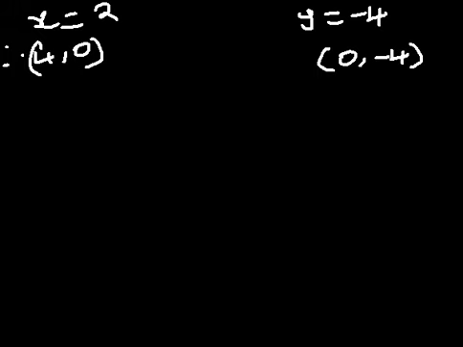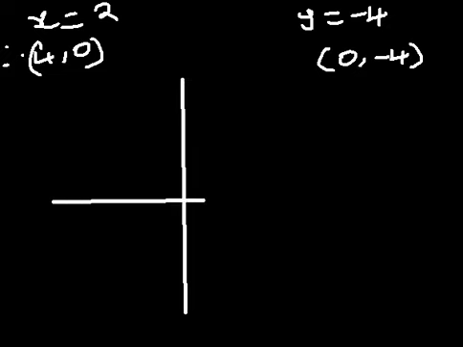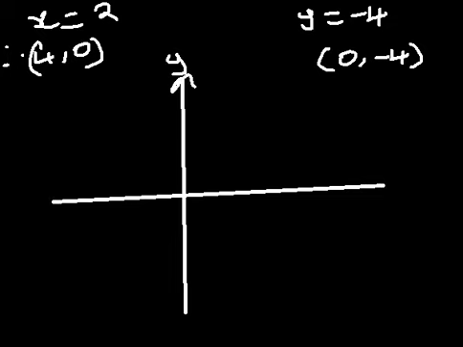As you can see, now let's think of having the graph here. That's the Cartesian plane, and I'll have y, and this is the x. So we have the x-intercept, that is 2, 0. Let's say this is the point. That is 2, 0, of course.